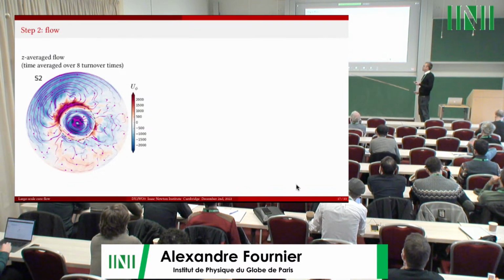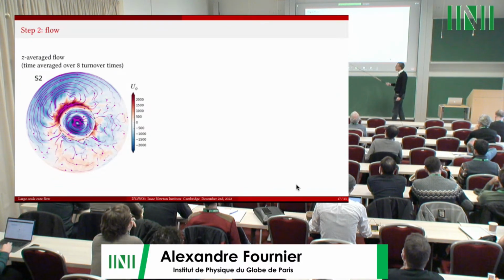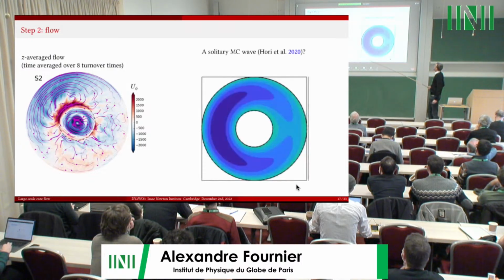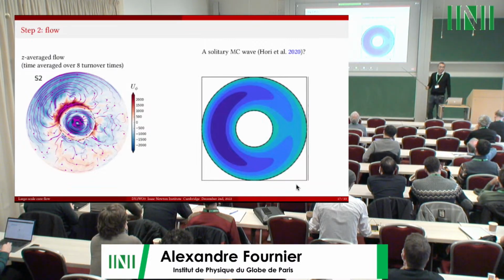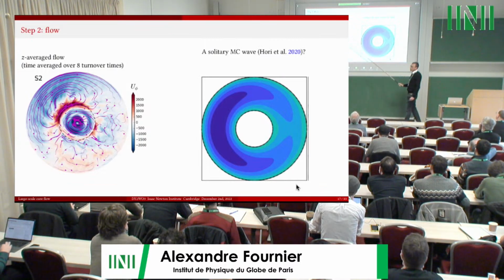So it emerges spontaneously from the simulation. You also get, on time average, a very intense westward vortex inside the tangent cylinder. So that's interesting. And so recently, Ori and colleagues, so Kumiko, Steve, and Chris, speculated that this banana could in fact correspond to a soliton, that is a solitary magneto-Coriolis wave.